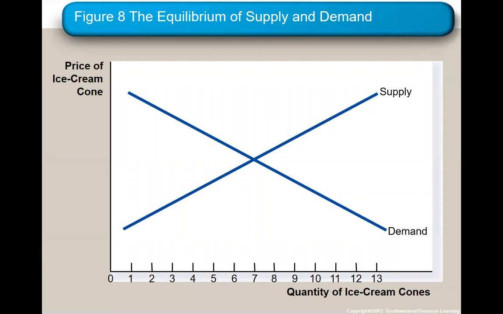They're directly related. Complements are indirect, they go in reverse. Take hot dogs and hot dog buns. If the price of hot dogs goes up, people buy fewer hot dogs, so the demand for buns goes down.